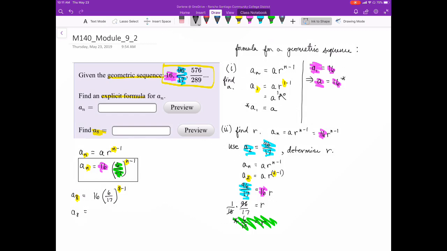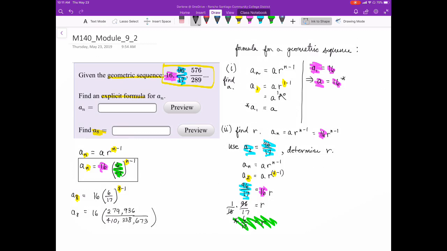Okay, so if we put this in the calculator to simplify, it would be 16 times 6 to the 7th, which is 279,936, over 17 to the 7th, which is 410,338,673.